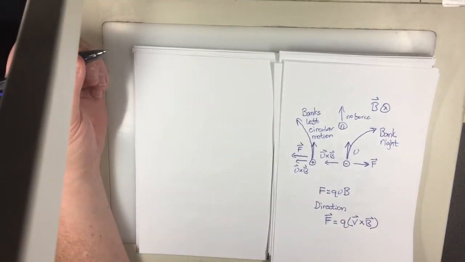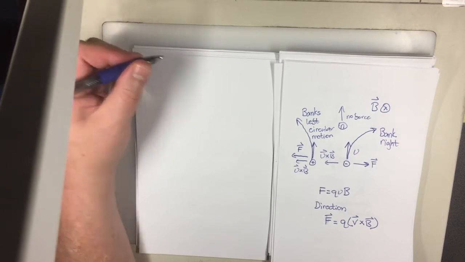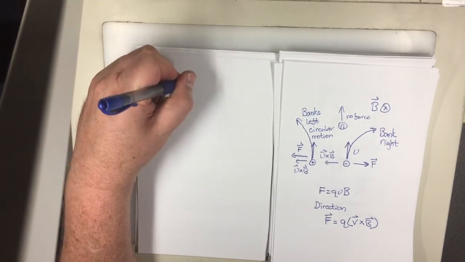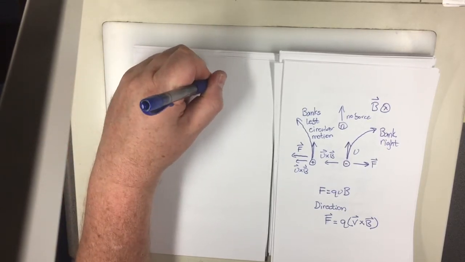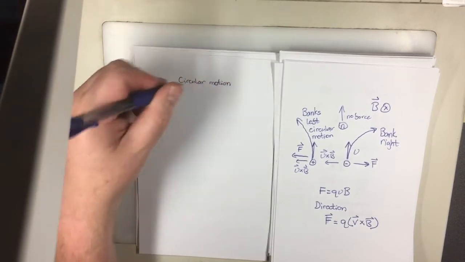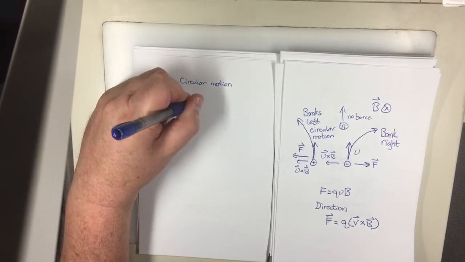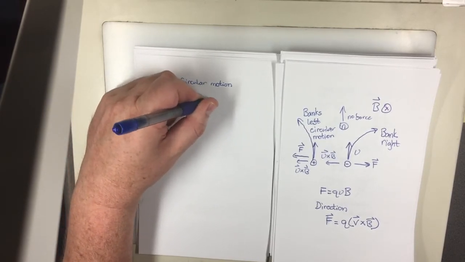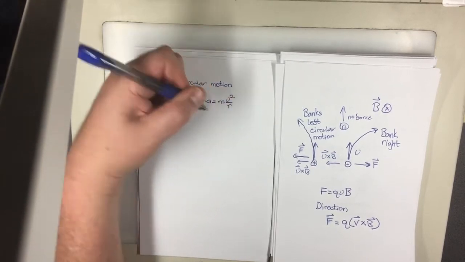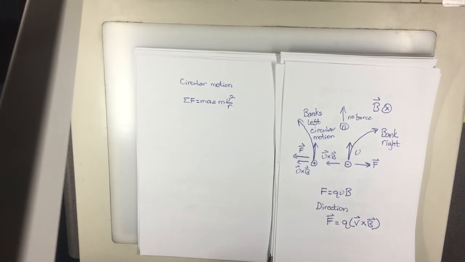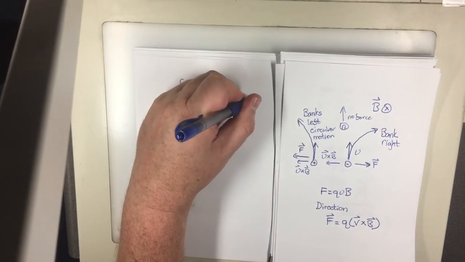In circular motion, and this will be the last thing, we got 4 minutes and I'm not gonna use all of it. In circular motion, and this is where we'll pick up for tomorrow, the sum of the forces, which is equal to ma, because it's circular, is mv squared over r. A is v squared over r, and that is equal to qvb.